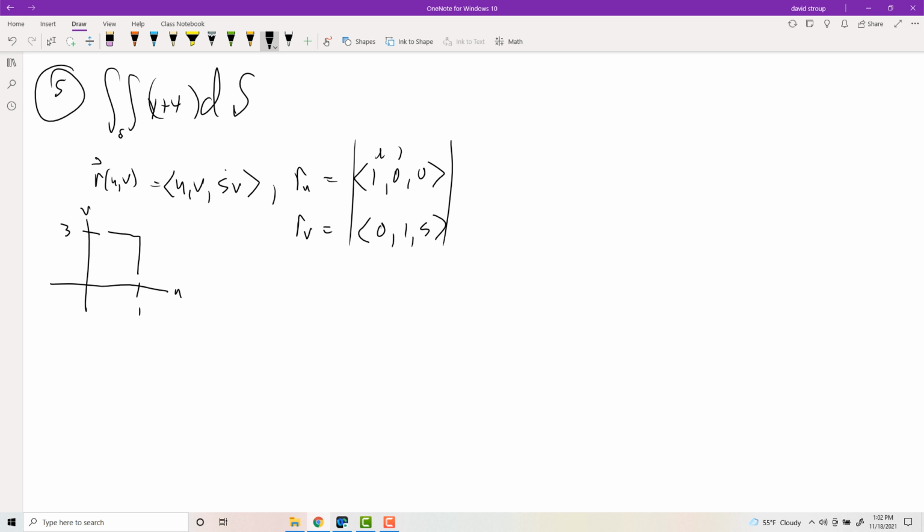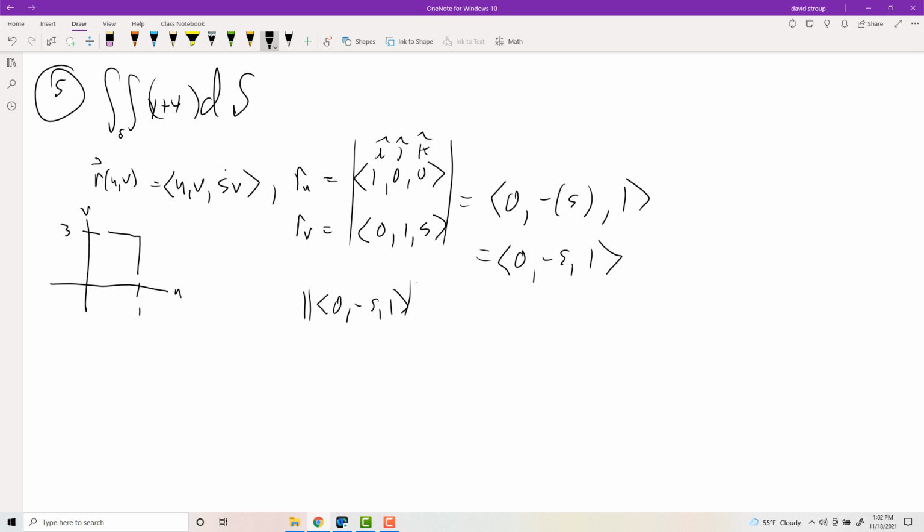And the cross product equals, cover up the first column, 0 minus 0. Cover up the second column, minus 5 minus 0. Cover up the third column, 1 minus 0. So this will be ⟨0, -5, 1⟩. I need the magnitude of that for my integral. So that's the square root of 25 + 1, which is the square root of 26.